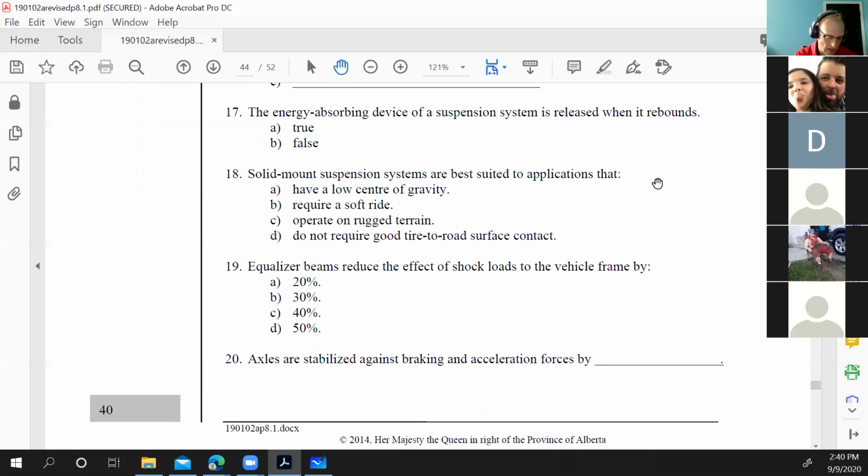Now, the problem someone had, or why they thought it was poorly worded, and I see where they can come from with this, is the energy absorbing device, that would be the leaf spring, the air spring, or the rubber block, right? Is it released, like does it come out of the vehicle when it rebounds? No, of course it doesn't. It stays there.